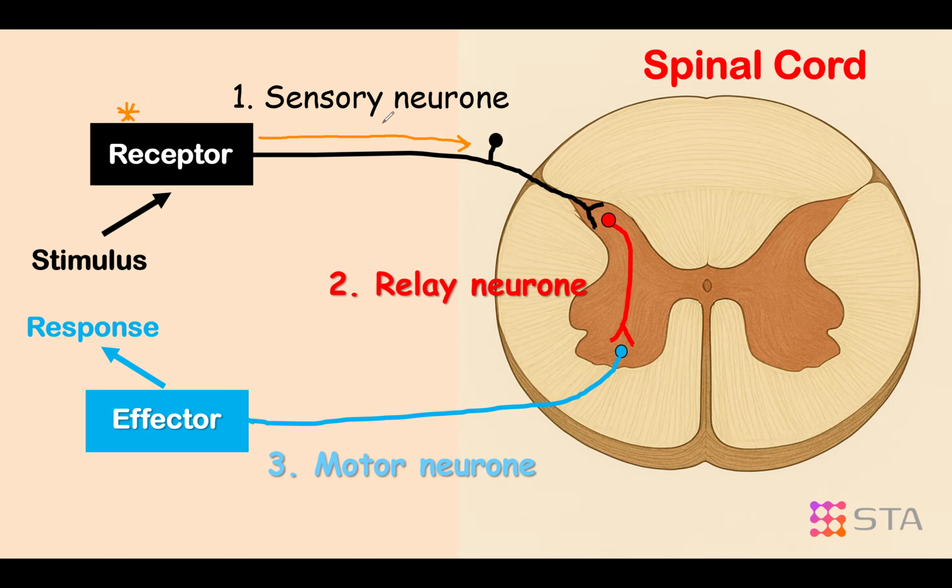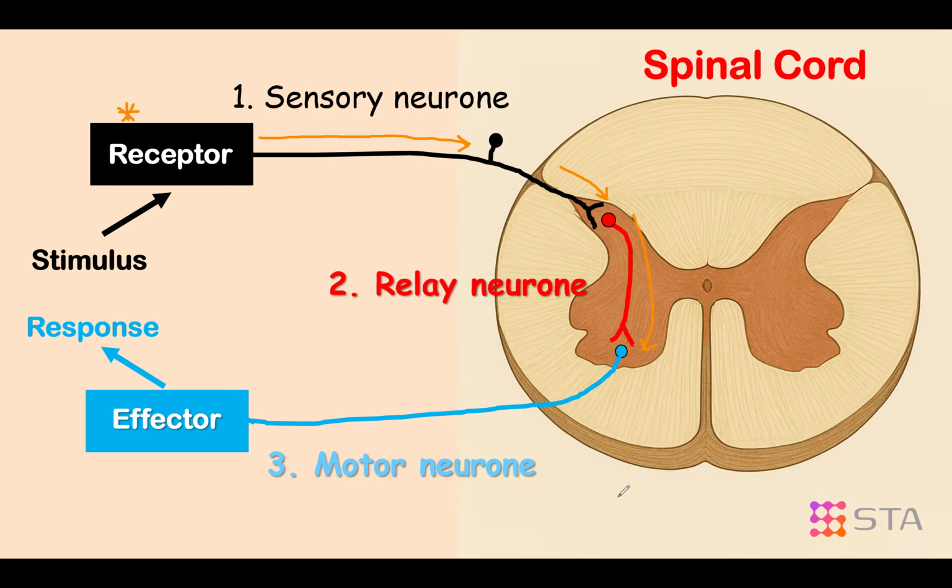And the electrical impulse travels across the sensory neuron and it goes into the spinal cord and it goes to the next neuron, which is called a relay neuron. This relays or carries the information across as an electrical impulse to the motor neuron.